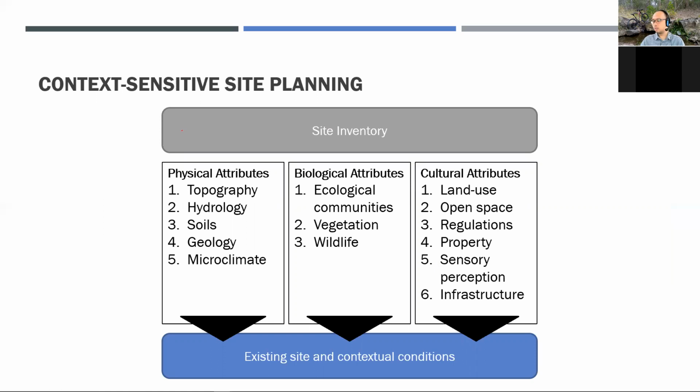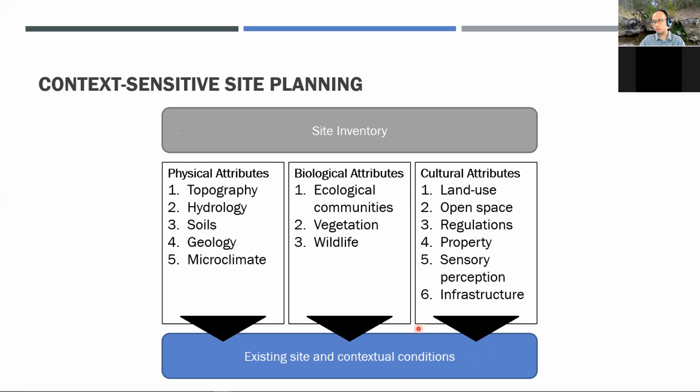As a continuation to that table, and to lead into our discussion this week, as we all know, a site inventory consists of putting together, listing, and describing the physical, biological, and cultural attributes of a site, and that will hopefully give us a holistic picture of the existing site and the contextual conditions.